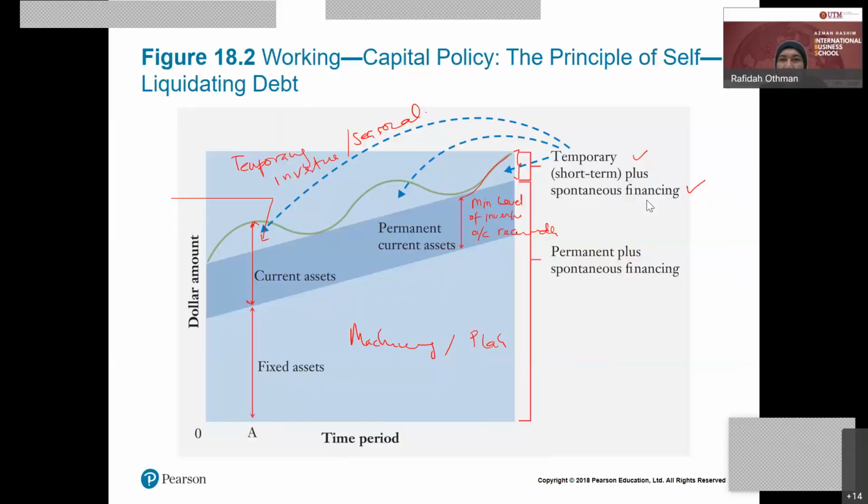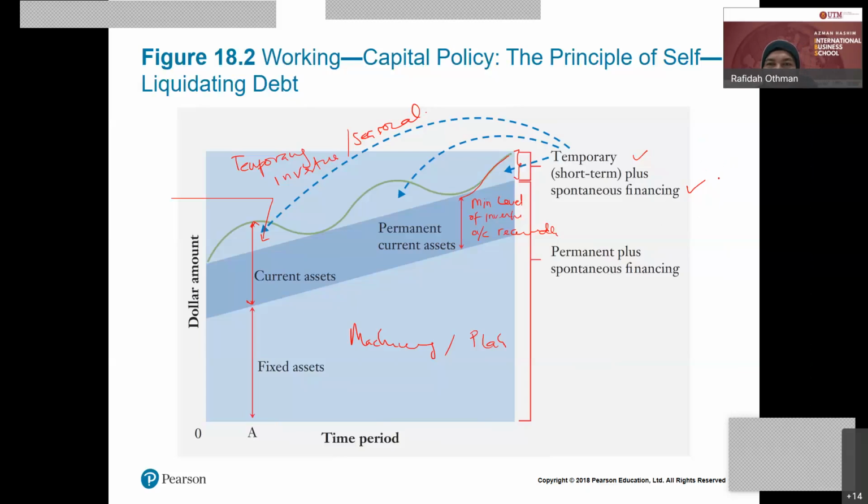Okay, short-term financing. And then again, what else? Bank loans. Right. Okay, so that will be the component of short-term financing. All right, so short-term financing and spontaneous financing.